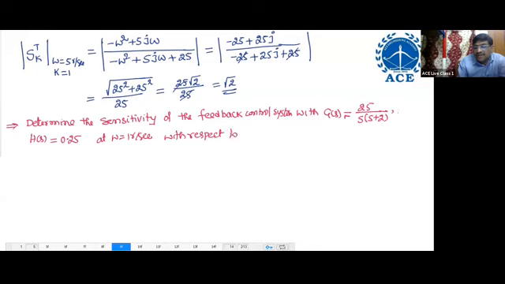Determine the sensitivity with respect to first one G of S, second one H of S.